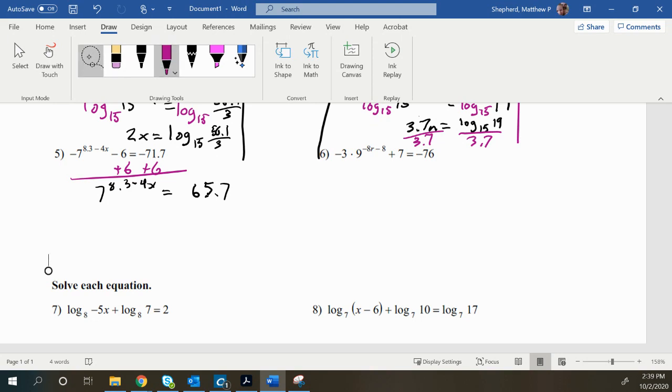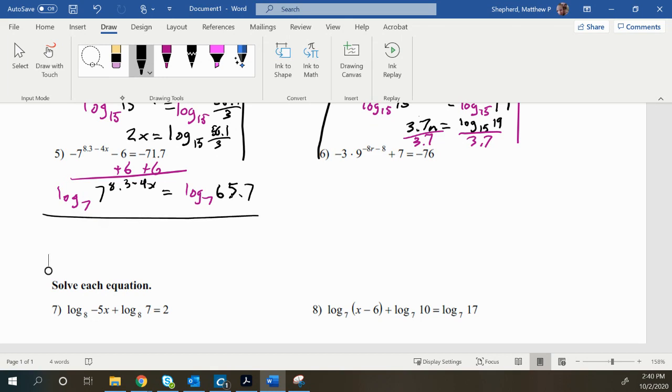Now, let's go ahead and focus in on doing our log. So log base 7, log base 7. So we're going to have 8.3 minus 4x is now equal to the log base 7 of 65.7.